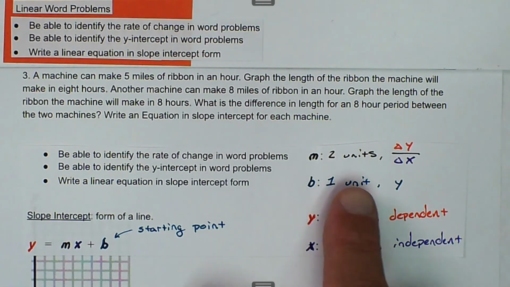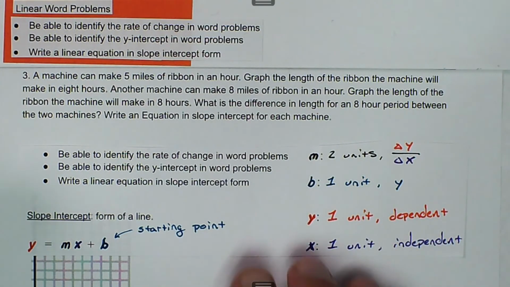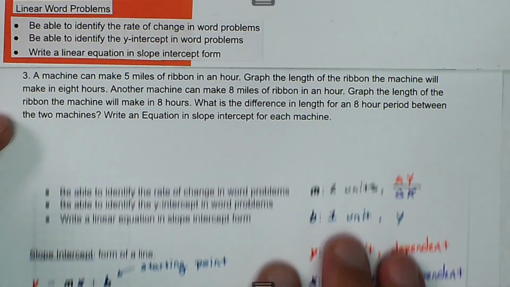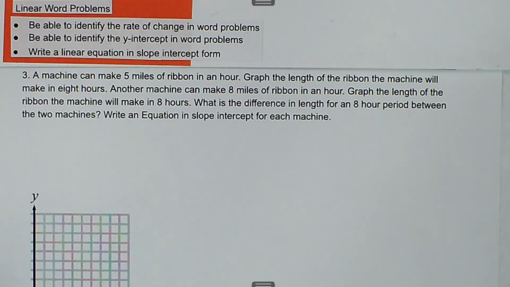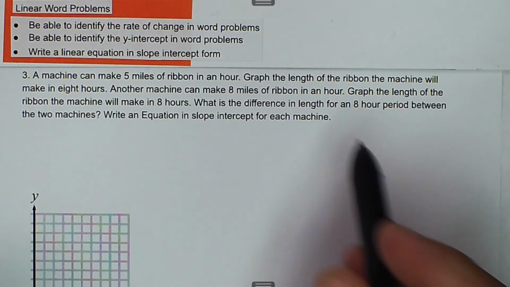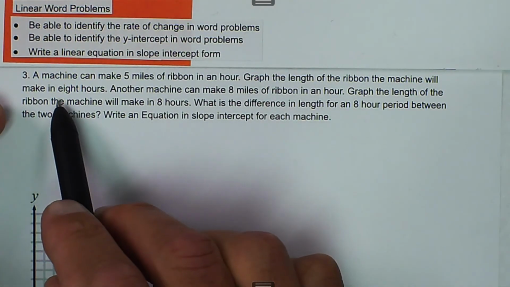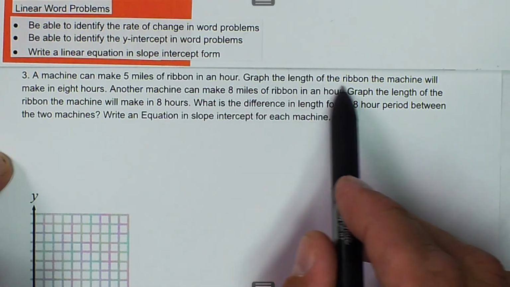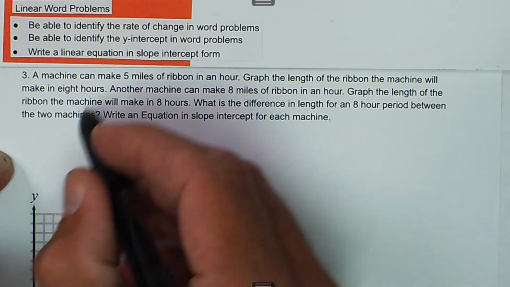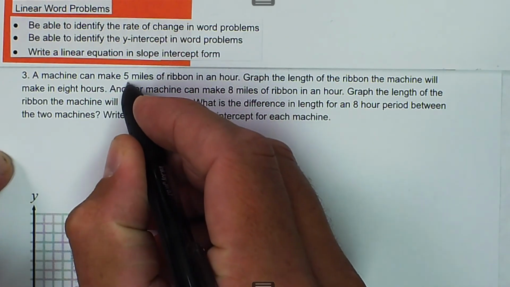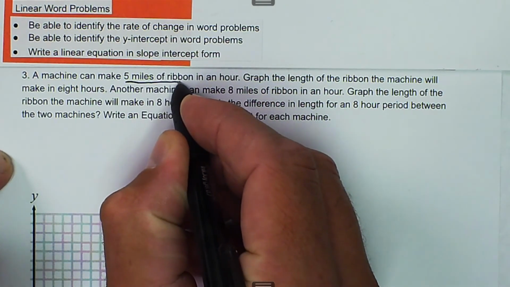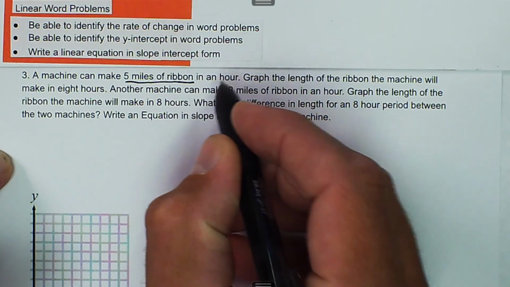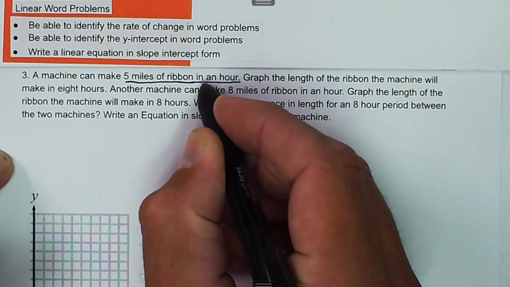So again, we want to start by finding the slope, and we want to be able to identify the 2 units for each. So we have 2 different machines, and another machine. So graph the length of the ribbon the machine will make. So a machine can make 5 miles of ribbon in an hour.